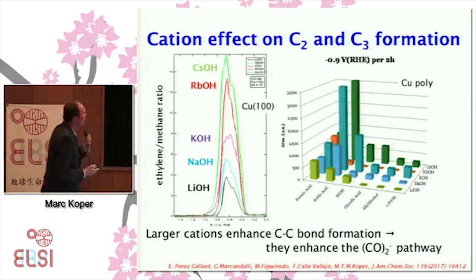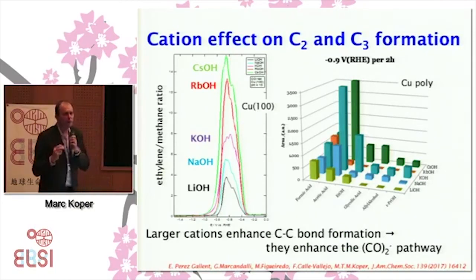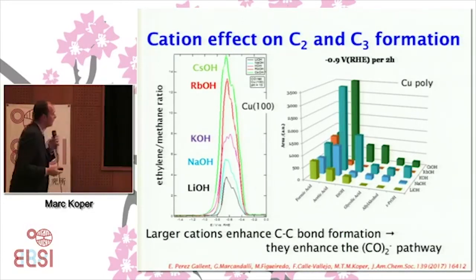A final thing that I wanted to show is that actually, because these intermediates in these catalytic pathways are, in this case, negatively charged, they are extremely sensitive to the nature of the electrolyte, not only to the pH, but also to the cations that exist in the electrolyte.